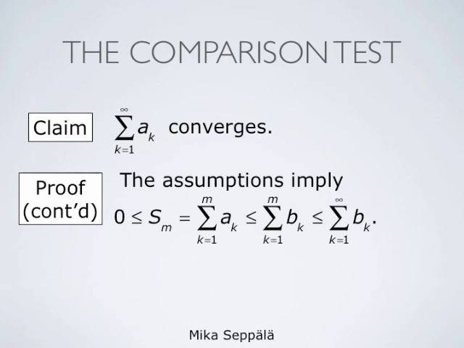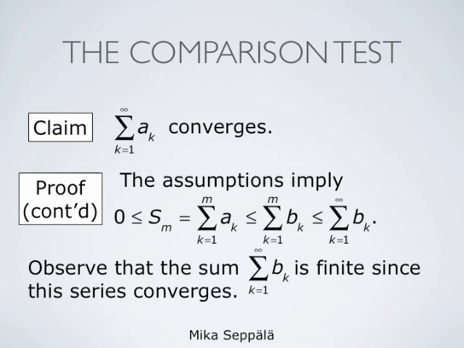Next, recall that we assume that each a_k is at most b_k. This means that the partial sum S_m, which is summation k from 1 to m a_k, is at most summation k from 1 to m b_k. Then we assumed that this series, summation k from 1 to infinity b_k, converges.